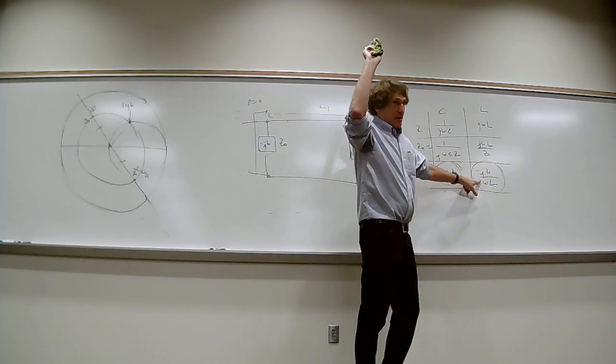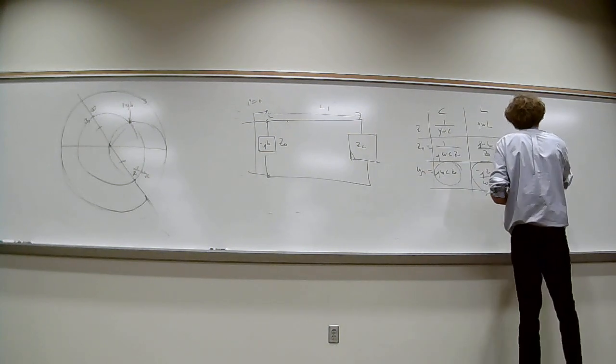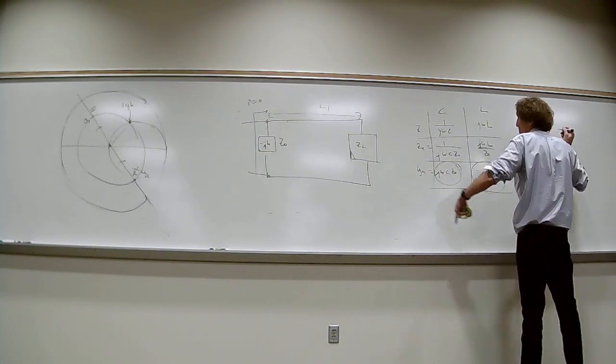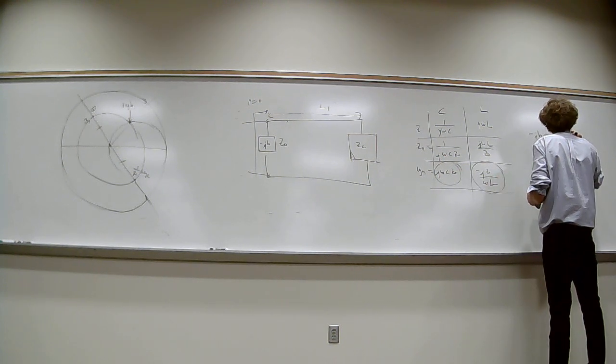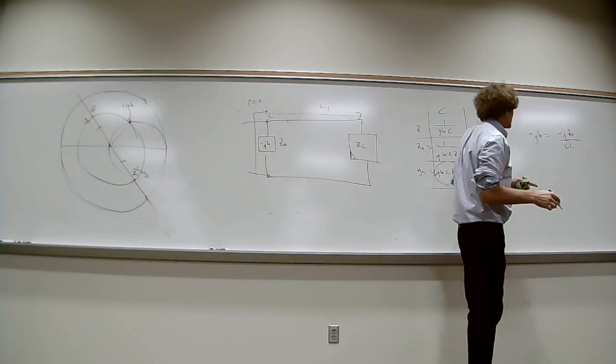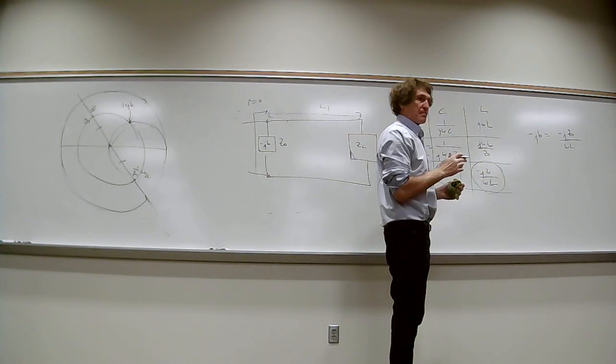Think about it. So I would say that minus JB, whatever that B value is, would have to be equal to minus J Z naught over omega L. Now, you can see the minus J's cancel.